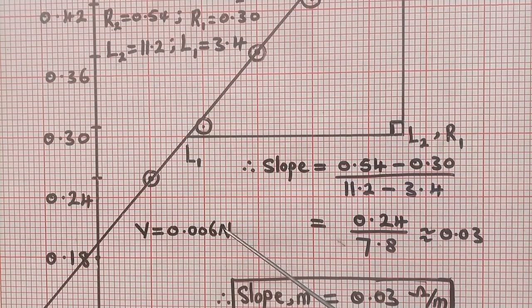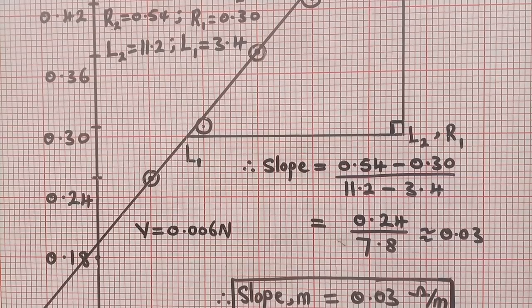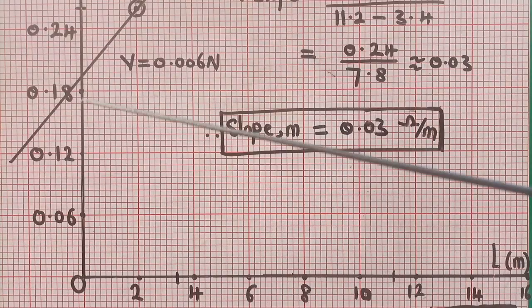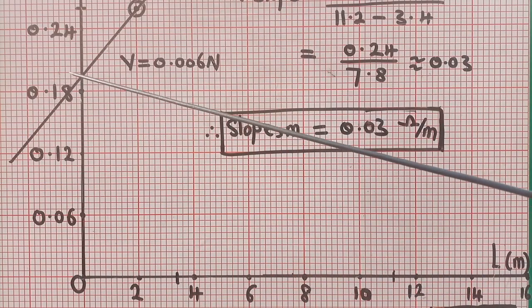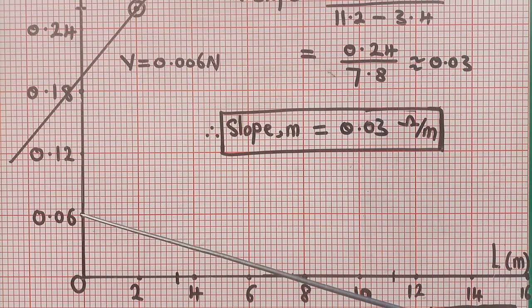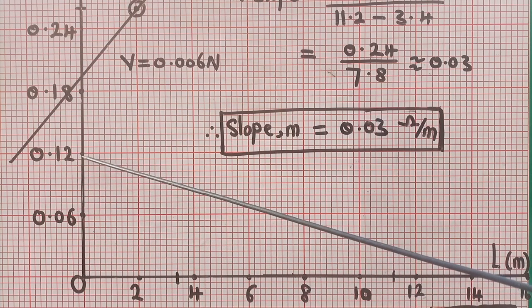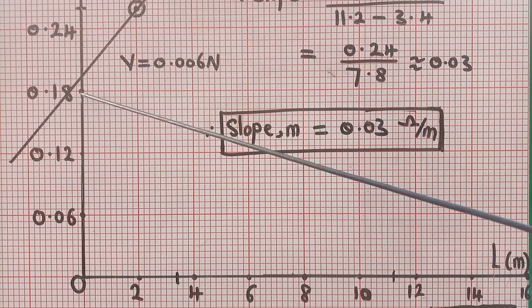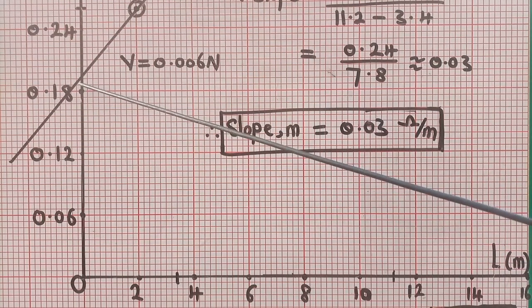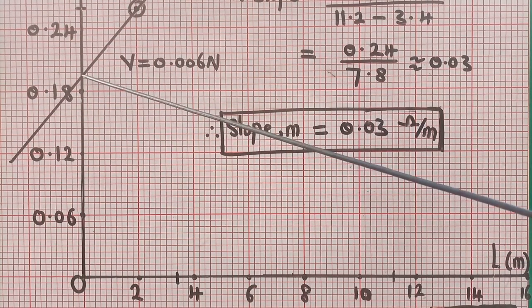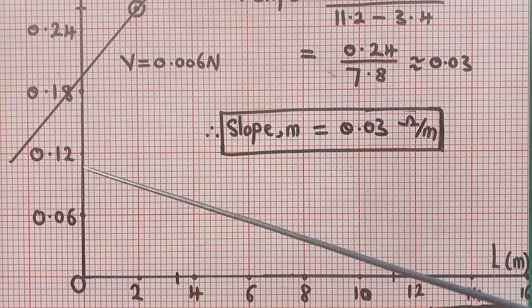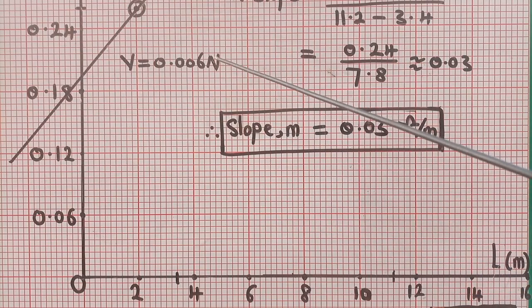Let's count for n. From here to here 10 boxes, another 10, 20, 30, 31, 32, then roughly 33. That means that this n is 33.